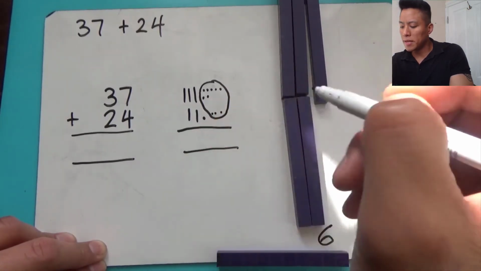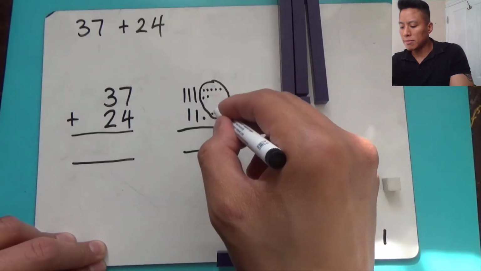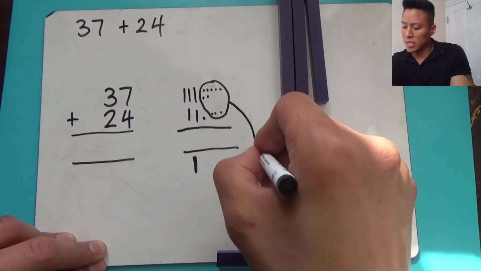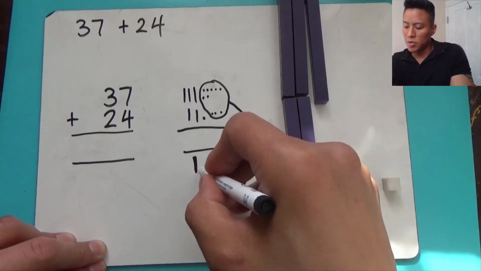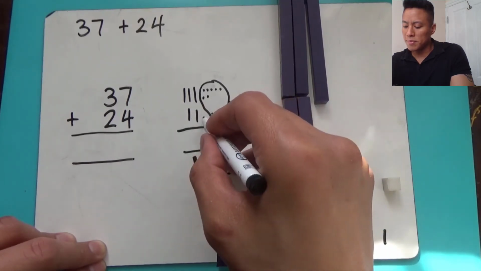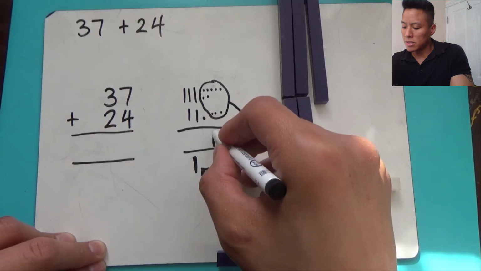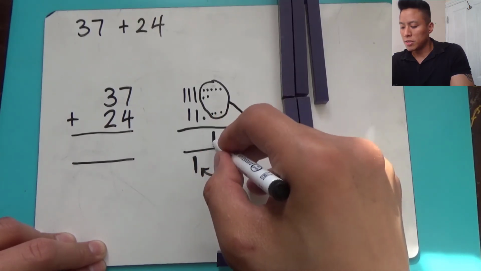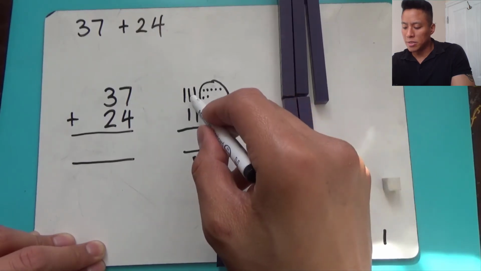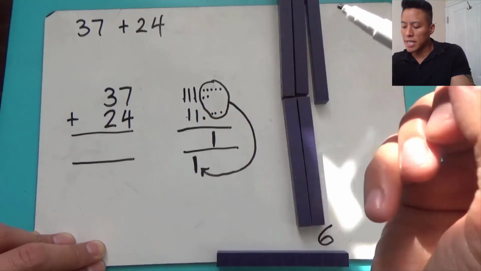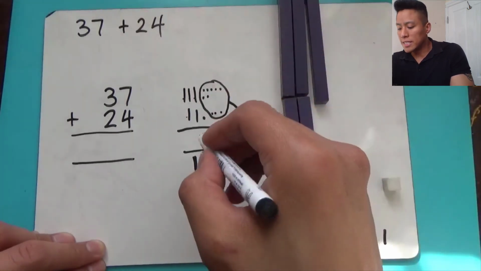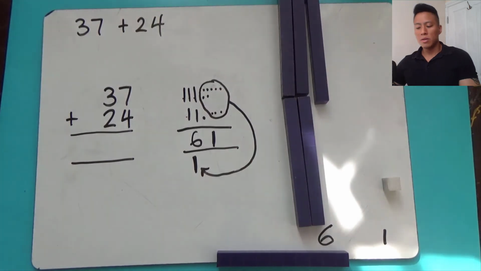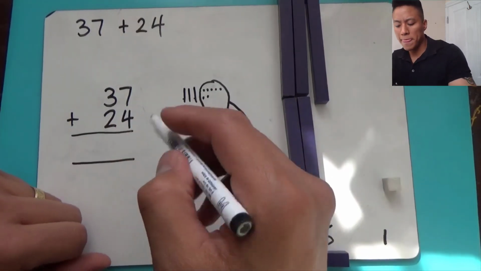I'm going to exchange these 10 ones for a ten. I'm left with this 1 digit here, representing 1. Now let's count our tens: 1, 2, 3, 4, 5, 6 tens. 60. We'll put a digit 6 in the tens column. That is 61.